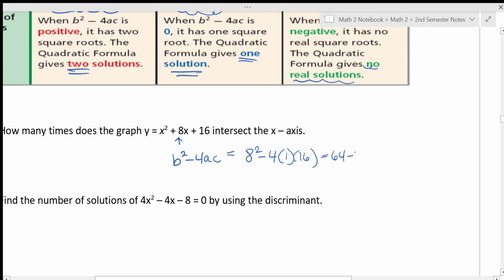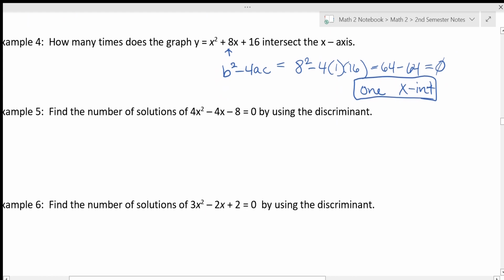Minus 4 times 1 times 16 is also 64. So our discriminant is 0. When our discriminant is 0, we have 1 x-intercept. That's all we have to do on that one.